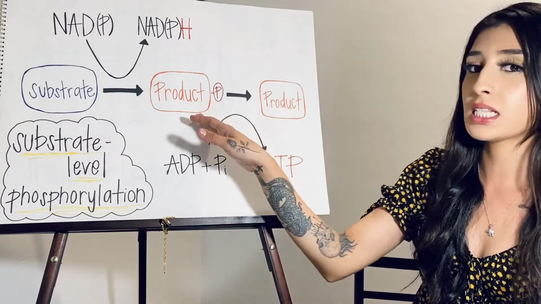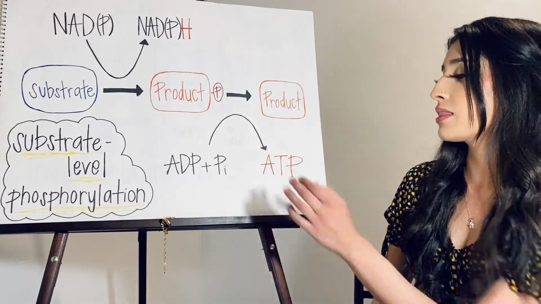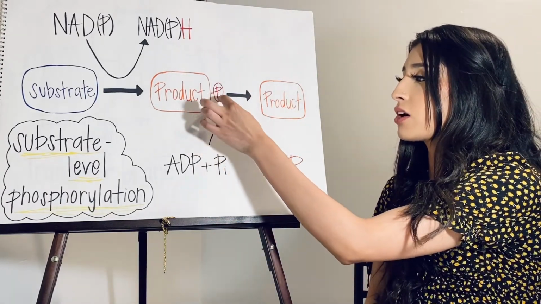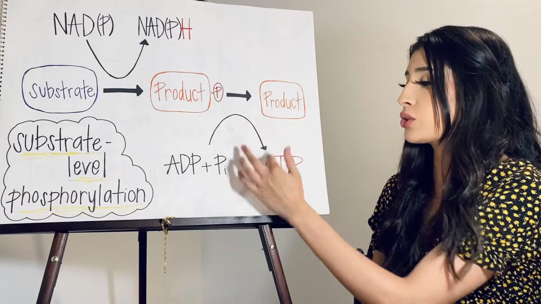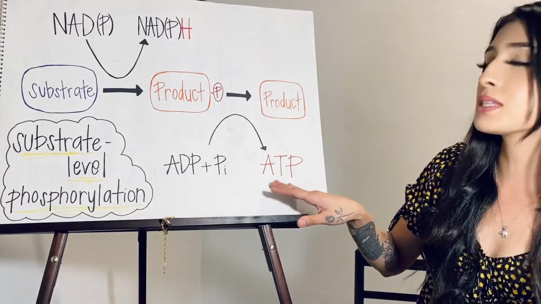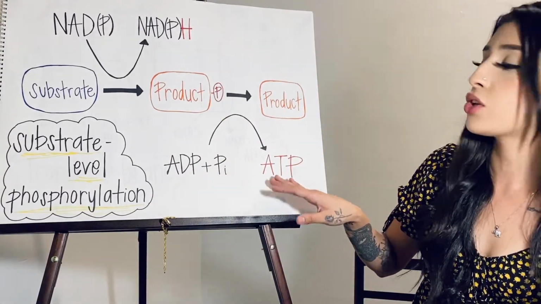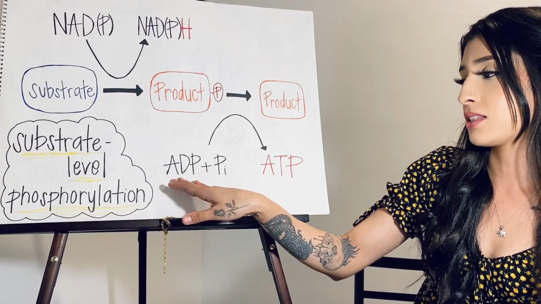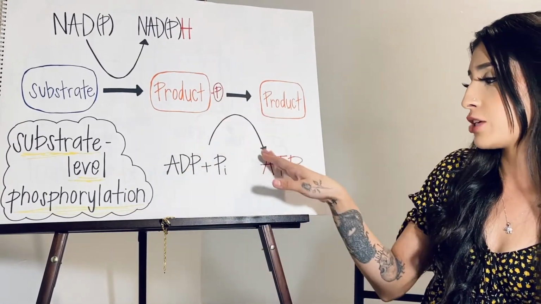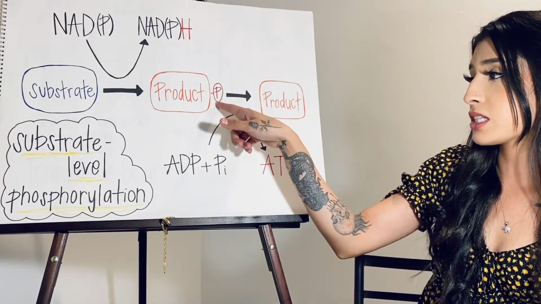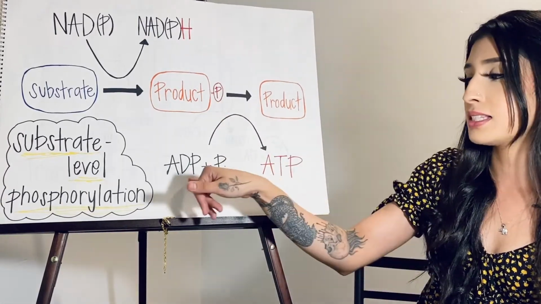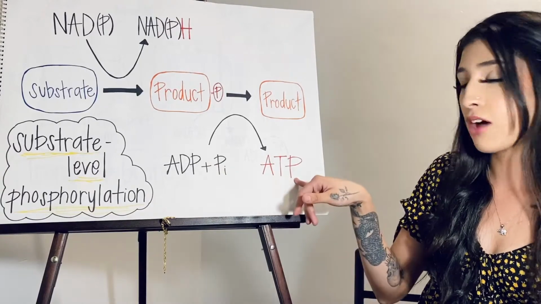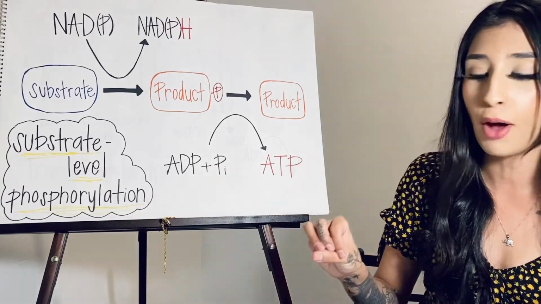When this product is phosphorylated, we can then transfer that phosphate to an ADP molecule. It becomes adenosine triphosphate. This would be a diphosphate because it has two phosphates. It then becomes a triphosphate when the phosphate is transferred over to that adenosine. So 3 phosphates on that molecule.